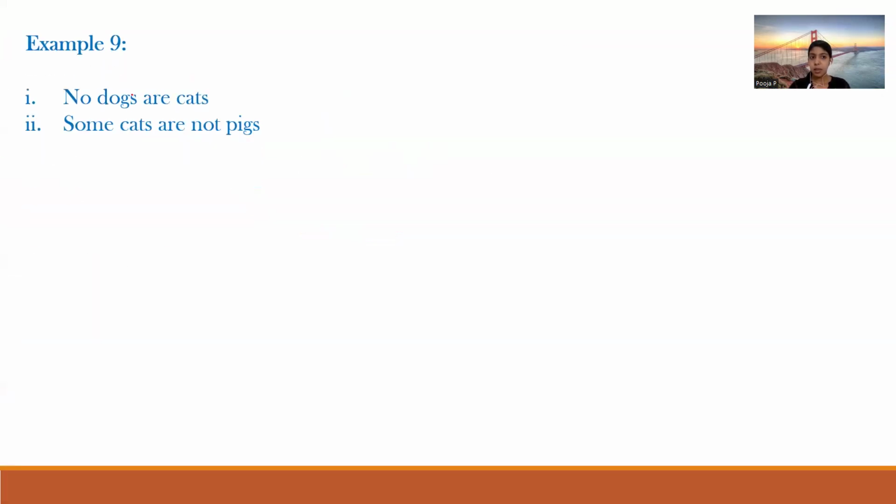In this example, the first premise: no dogs are cats. Second premise: some cats are not pigs. What kind of statements? The first one is universal negative, and the second one is particular negative. Both are negative, so no conclusion can be drawn again.